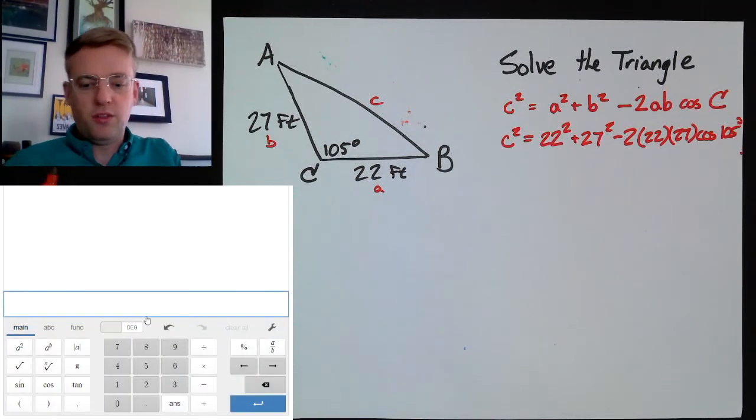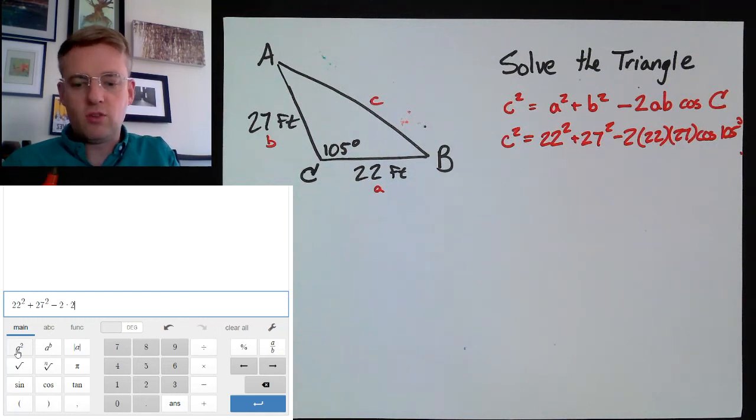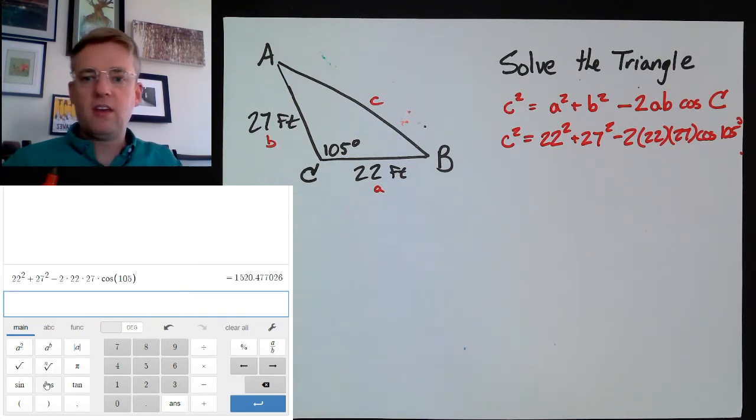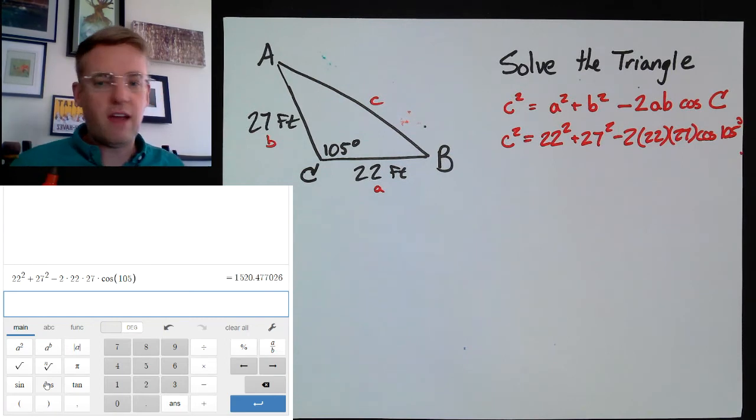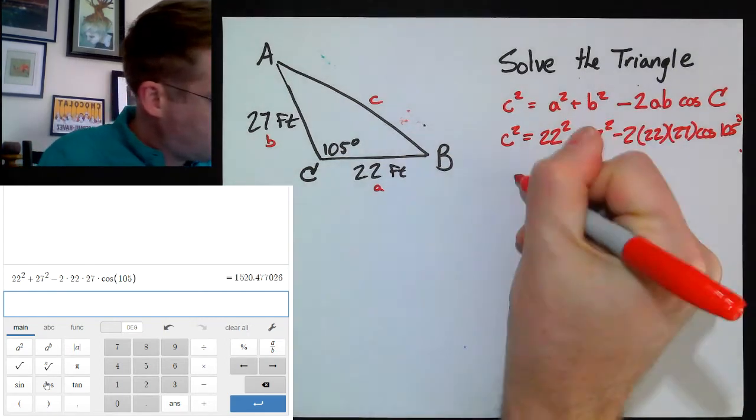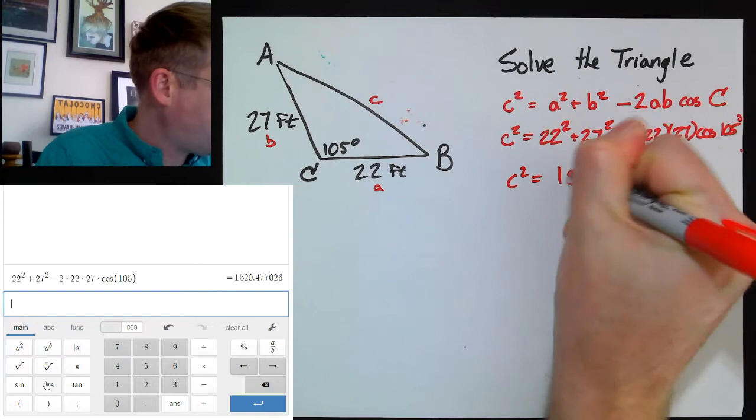So we're going to key this whole thing in. 22 squared plus 27 squared minus 2 times 22 times 27 times the cosine of 105 degrees gives us 1,520. C squared equals 1,520.